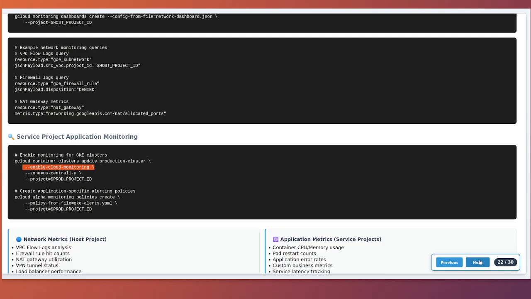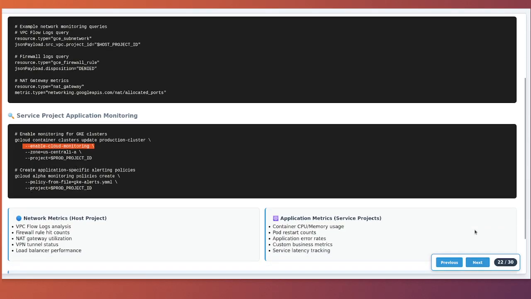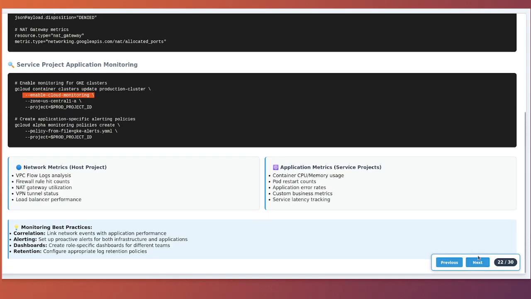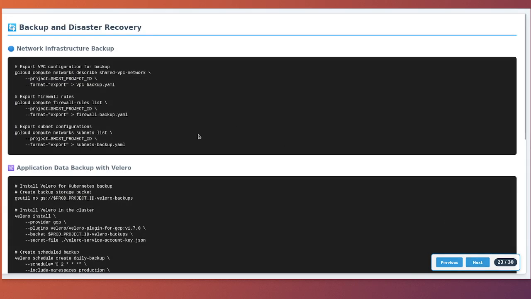For example, if you see increased latency in application metrics, you can check VPC flow logs to see if there are network bottlenecks. Setting up proper alerting policies is crucial. You want to be notified of network issues like NAT gateway failures as well as application issues like pod crashes or resource exhaustion.